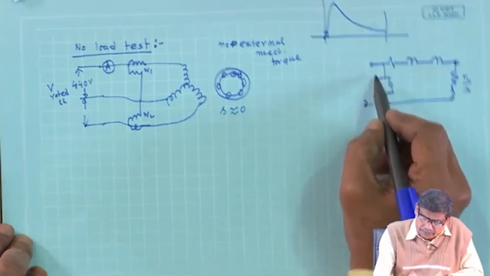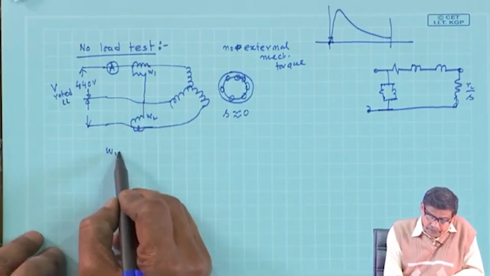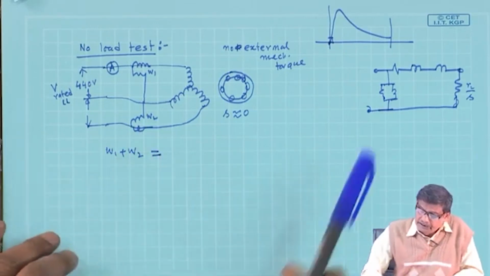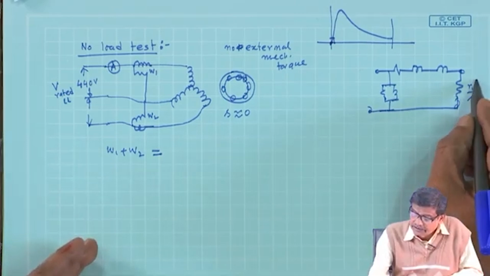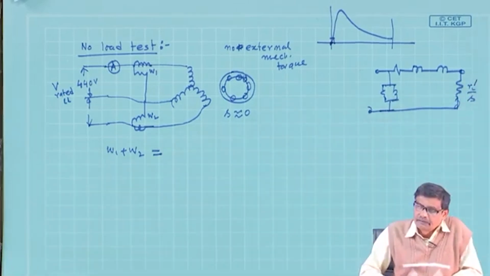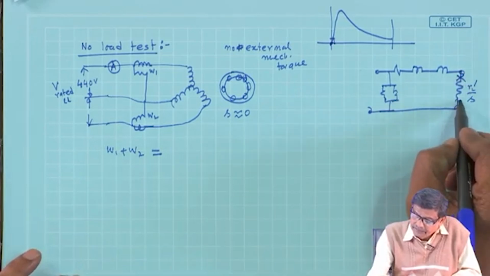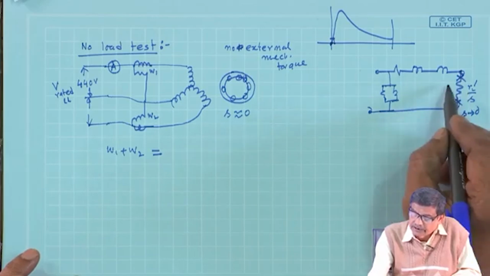Therefore, whatever power it draws, W1 plus W2, that power must be the stator copper loss. In the rotor circuit there is no current because S tends to 0, this side is open, this will be infinite, no current here.